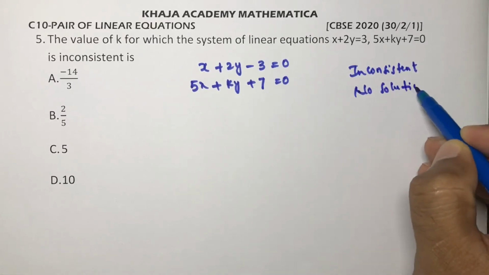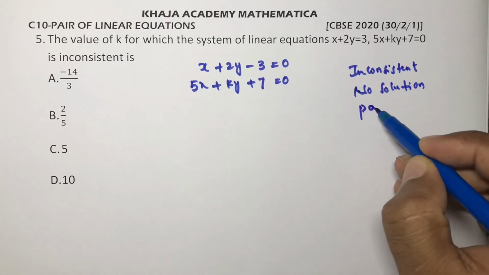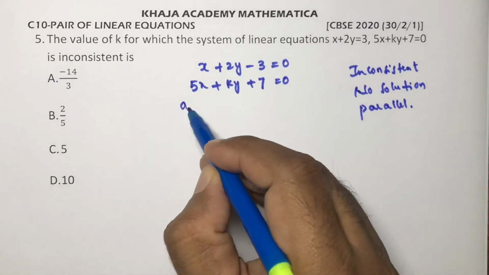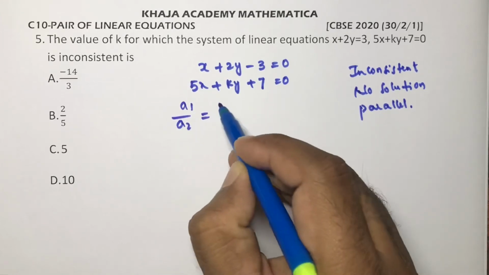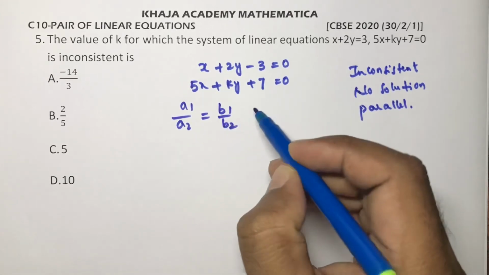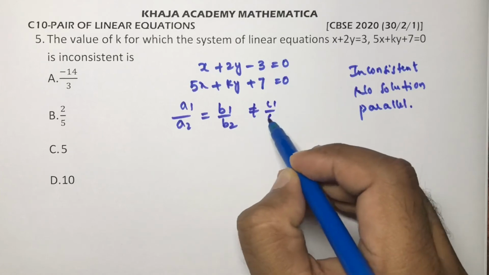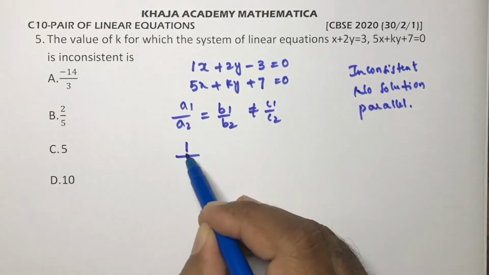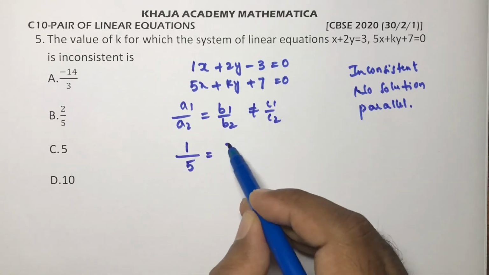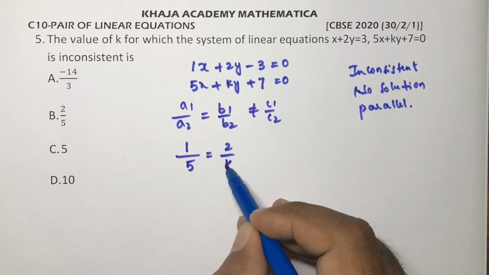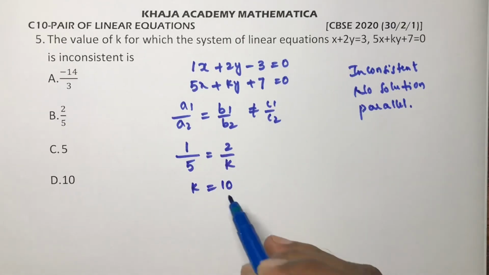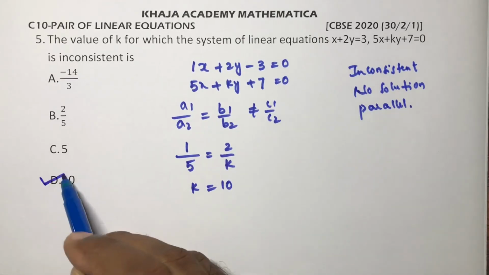No solution means the lines are parallel. If the lines are parallel, the conditions are a1 by a2 equals b1 by b2, and it is not equal to c1 by c2. So a1 by a2 is 1 by 5 equals 2 by k. If you cross multiply, k equals 10. So the correct option is D.